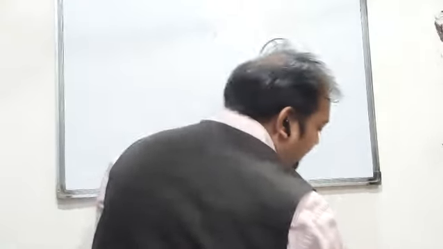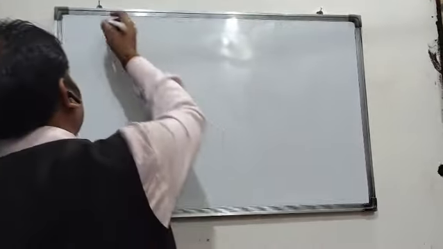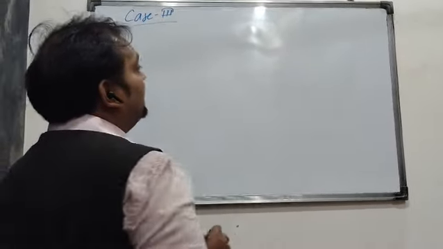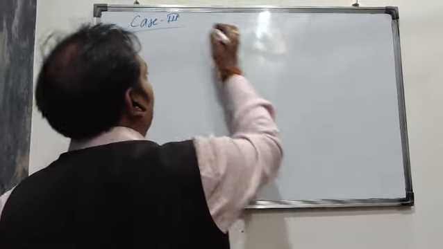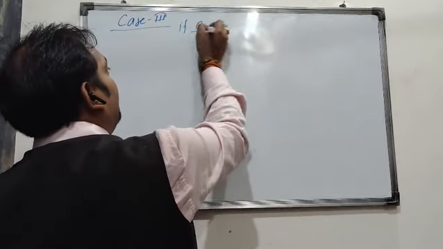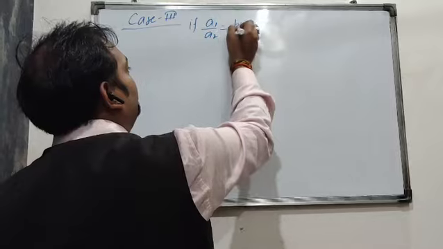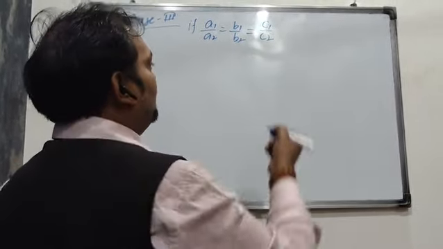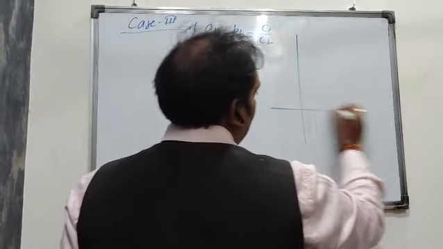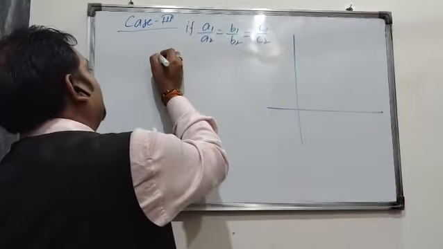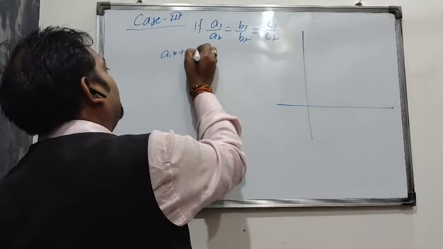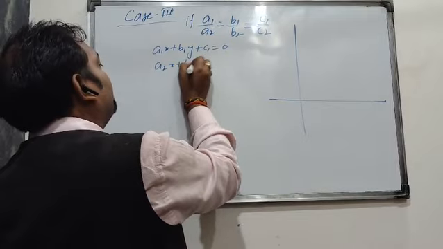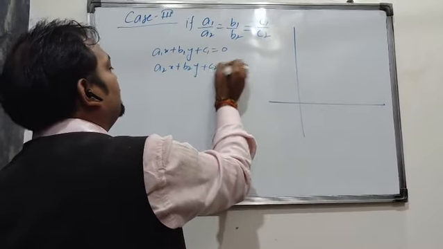Now students, move on case number 3. Third is what? If a1 upon a2 is equal to b1 upon b2 is equal to c1 upon c2. In this case, if you are going to draw the graph for both equations, you will get something like this. That is a1x plus b1y plus c1 is equal to 0, a2x plus b2y plus c2 is equal to 0.